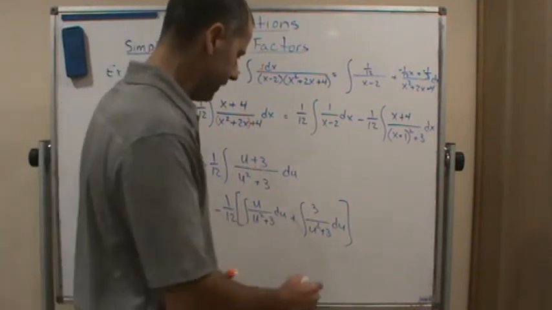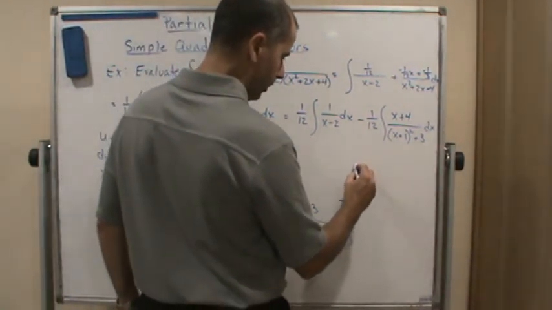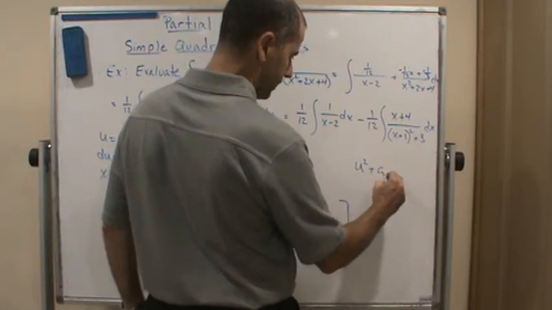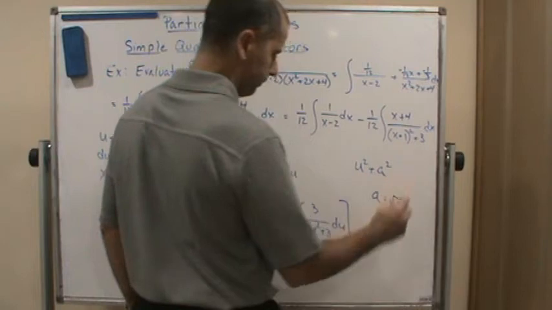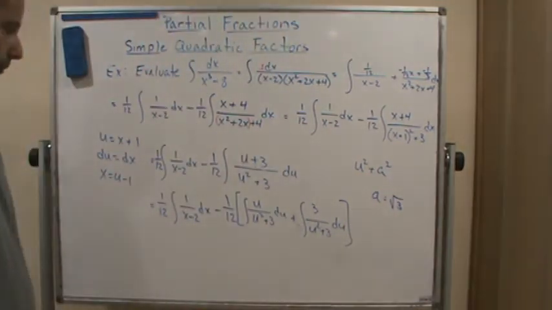I can look at this as u squared plus a squared, where a is equal to the square root of 3. So that's what we're going to do.